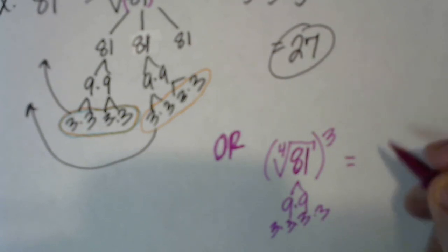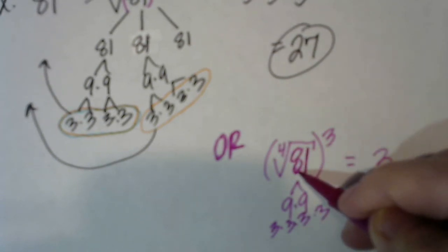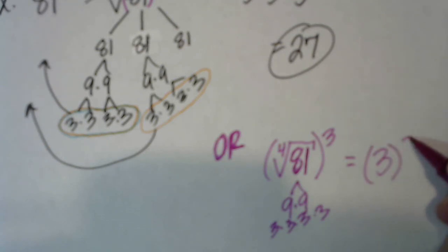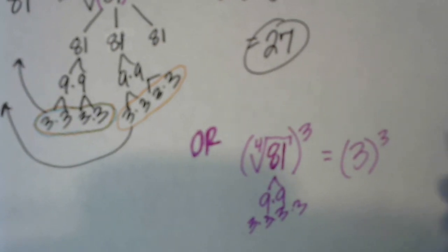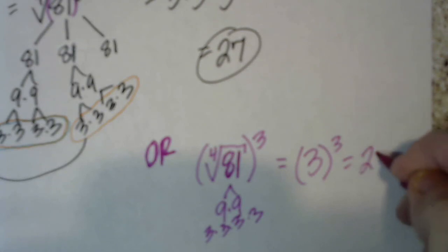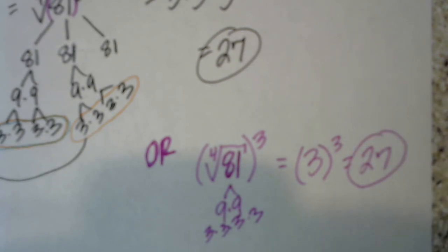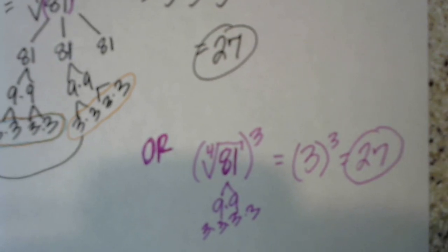So that's the same thing as saying 3 to the 3rd, which is 27. Okay? So there's 2 different ways to do it.